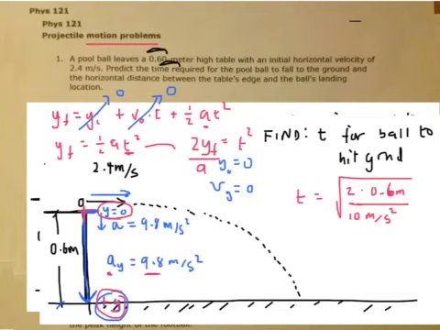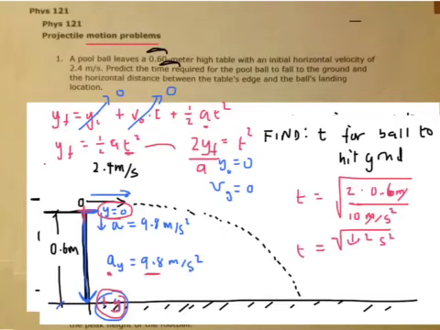So 2 times that is 1.2 over 10, which makes it the square root of 0.12. Meters drop out, so 0.12 seconds squared.